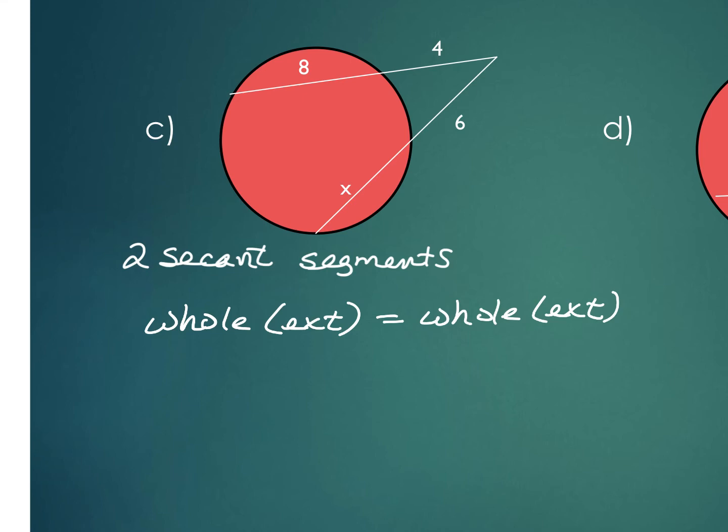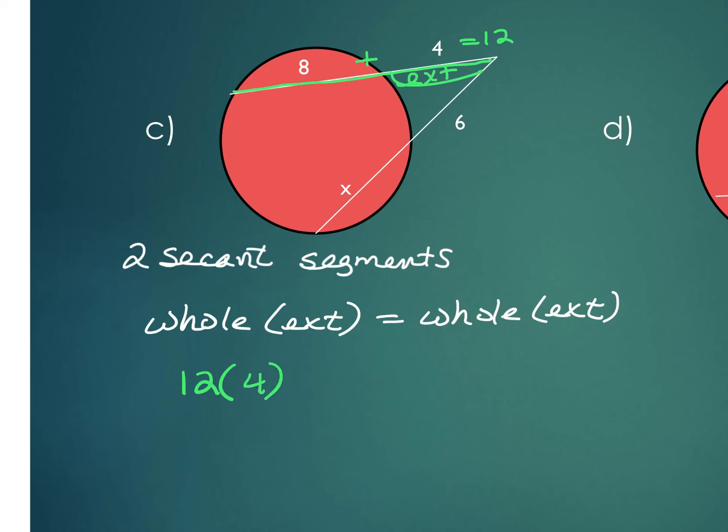For my first secant, up here, I can easily find the whole length by adding 8 plus 4. The whole length of this secant segment is 12. My external piece is the 4.